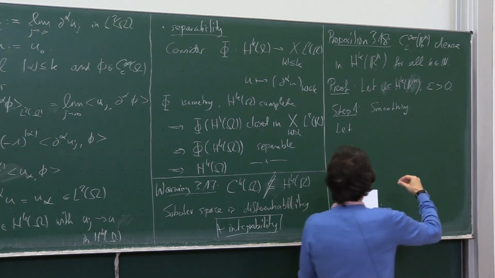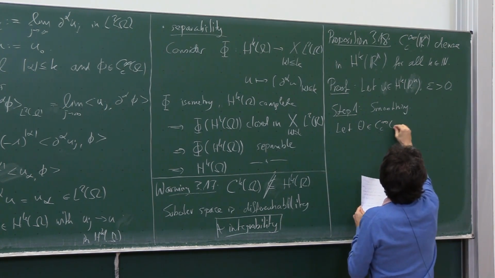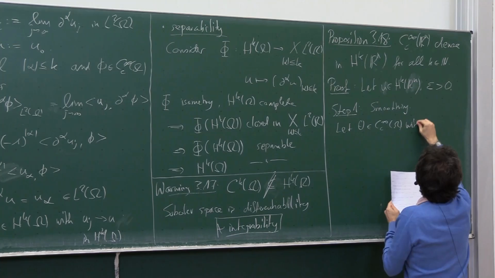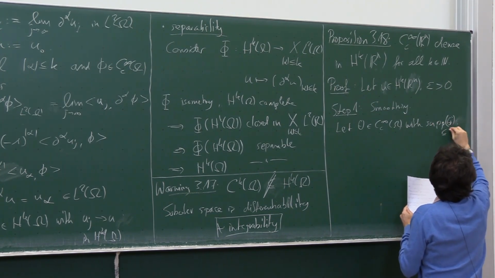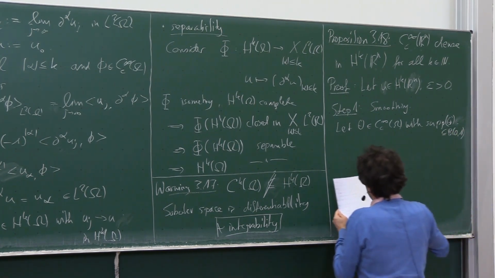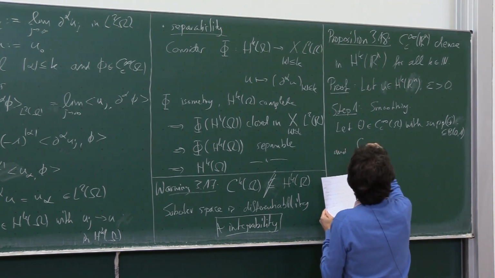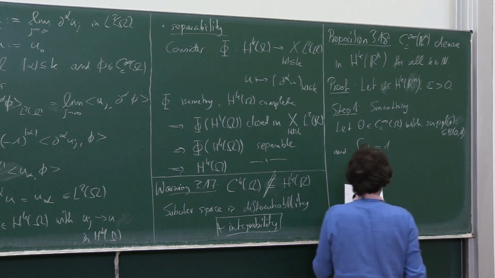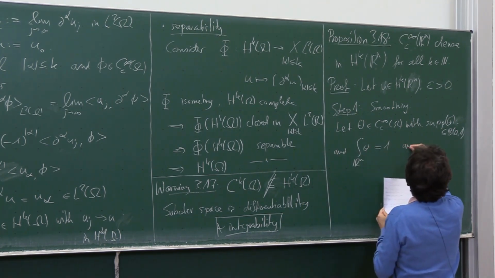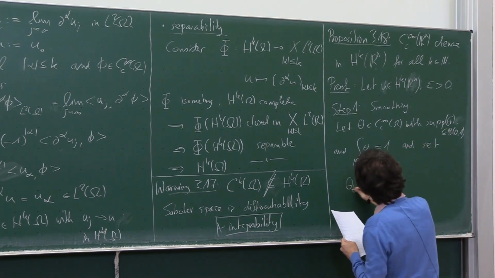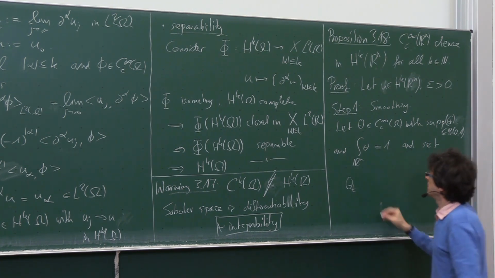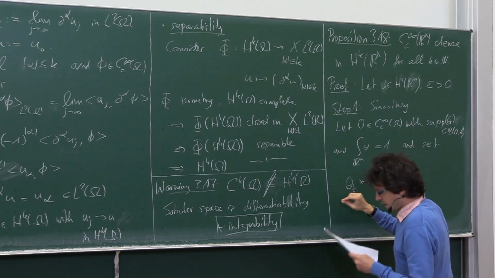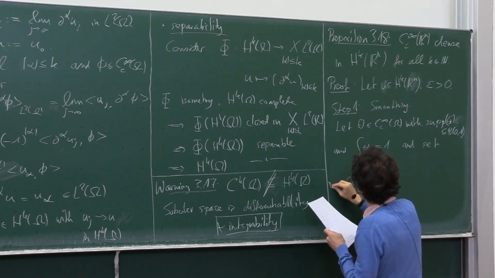So let's take some C_c^infinity function theta, as we already had several times, with support in the unit ball, and such that the overall integral over R^n is 1. And then consider the corresponding modifier theta_t, the dilated and scaled version of theta. You do a convolution with u, and this I will call v_t.